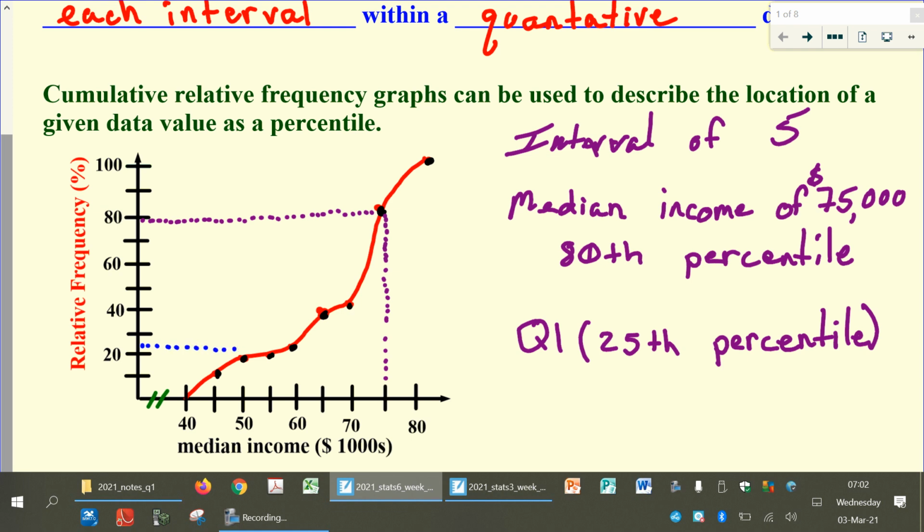I'm going to be nice and slow, coming right across till I hit my line. It looks like it's just past 55. So we'll go ahead and say that's at 56,000. We are estimating here, so if you wrote 55,000 for this one, that would have been acceptable.